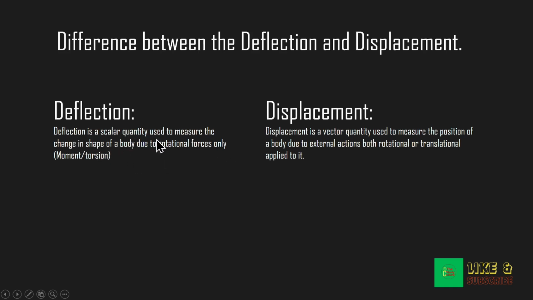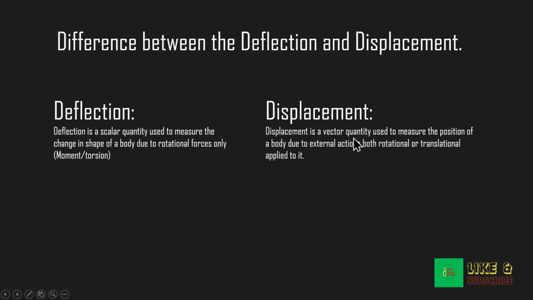Deflection is a scalar quantity used to measure the change in shape of the body due to rotational force only. In displacement, we check both actions, rotational and translational, applied to it.